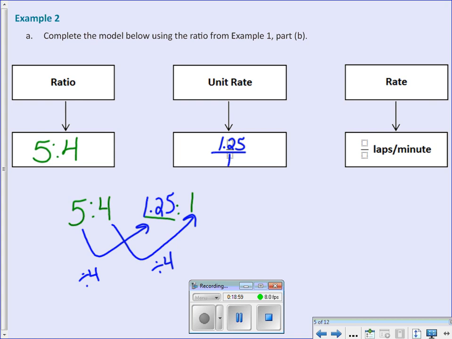So that's the unit rate because we got it down to 1. The rate, how many laps per minute? 1.25 over 1 laps per minute. Or you could just say 1.25 laps per minute. They have to get the fraction because remember the unit rate is just like the value.